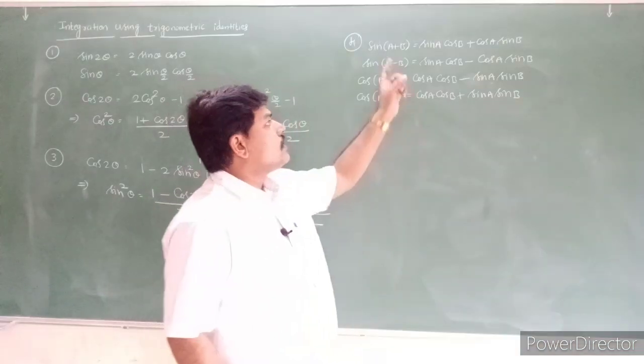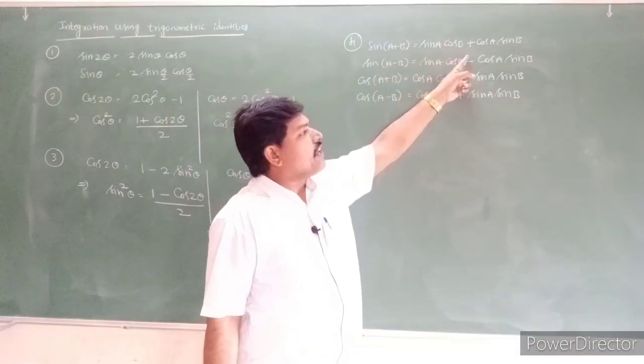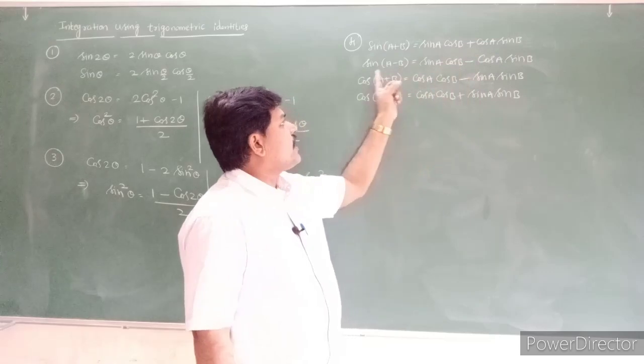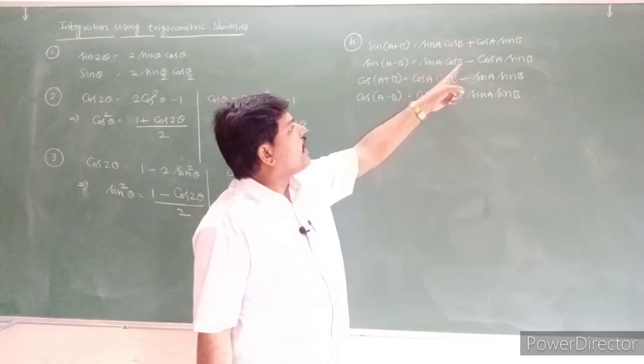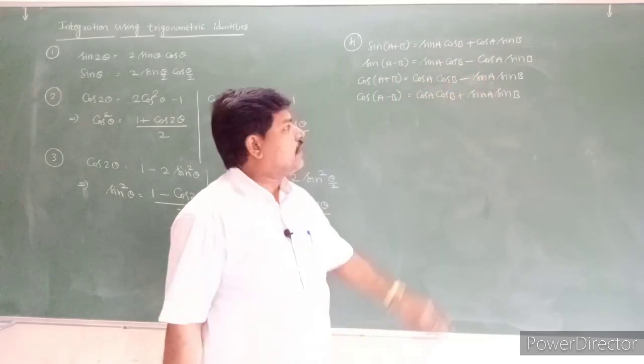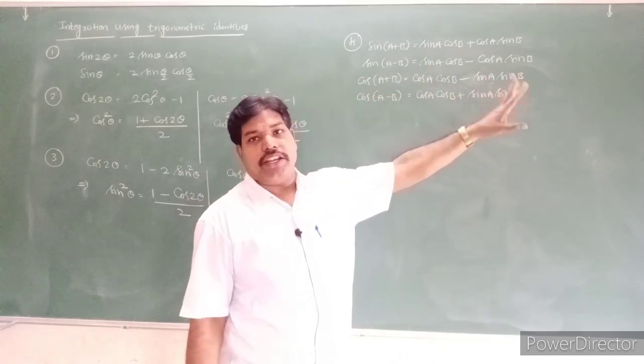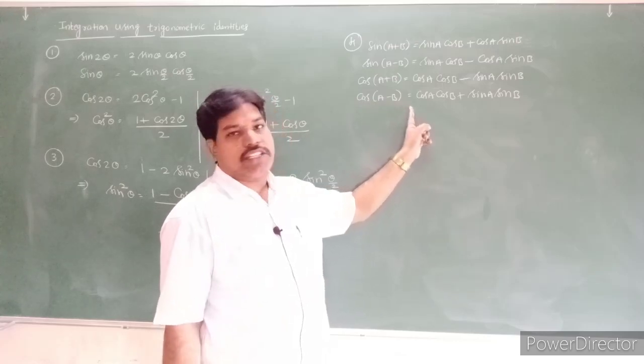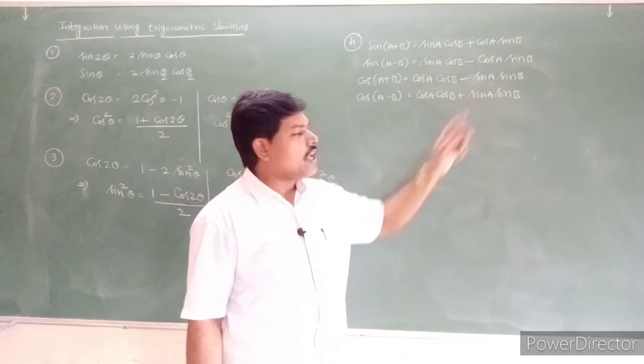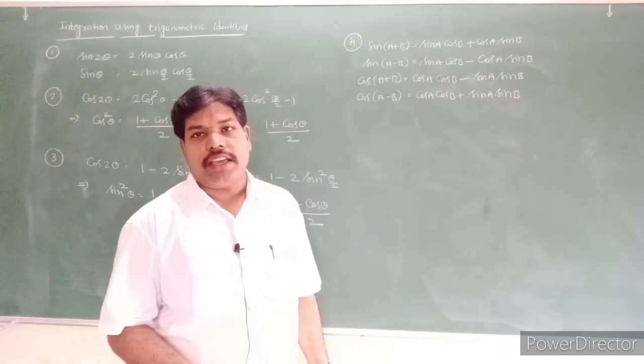See students, sin of a plus b is sin a cos b plus cos a sin b. Sin of a minus b is sin a cos b minus cos a sin b. Cos of a plus b is cos a cos b minus sin a sin b. Cos of a minus b is cos a cos b plus sin a sin b.